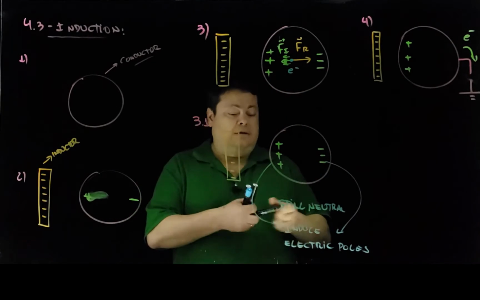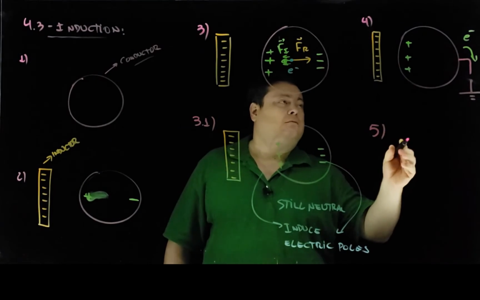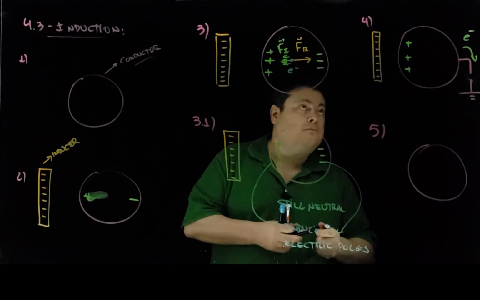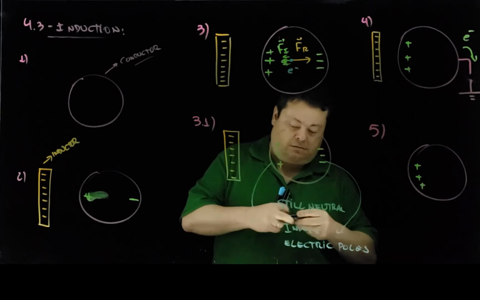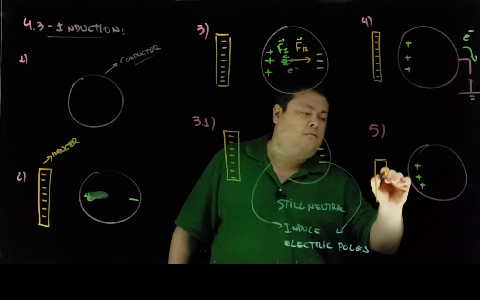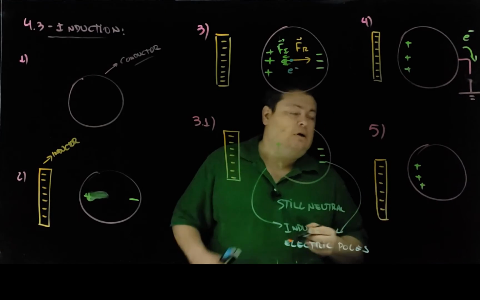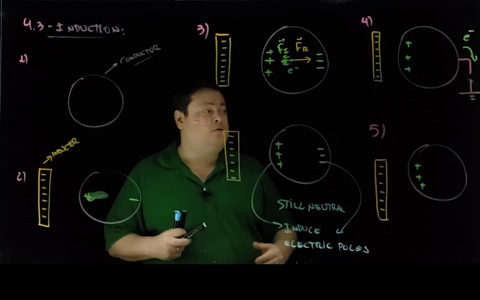When that happens, step number 5, now it's charged, and those electrons don't have any room.